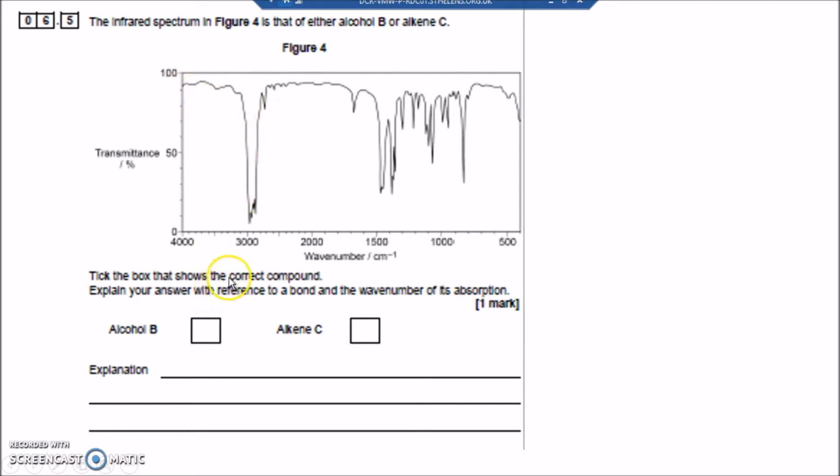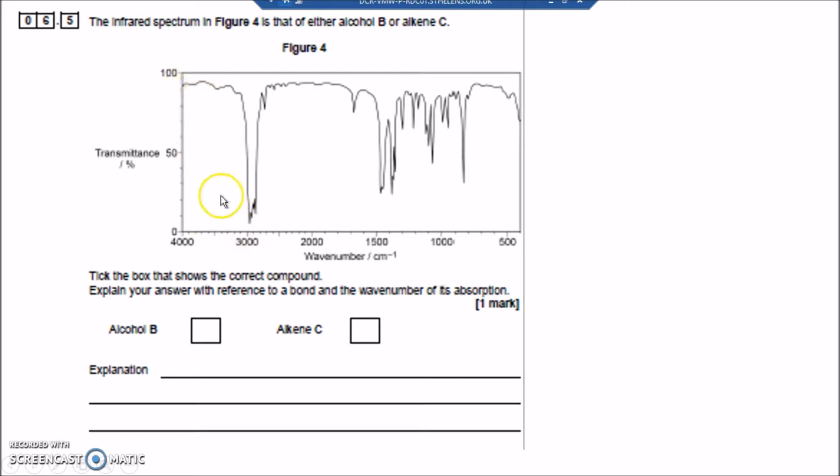In an OH, either an OH of an alcohol or an OH of a carboxylic acid, the absorptions are both wide and broad. It's around about 3,000 to 3,500 for the alcohol, and around about 2,500 to 3,000 for the OH in a carboxylic acid.